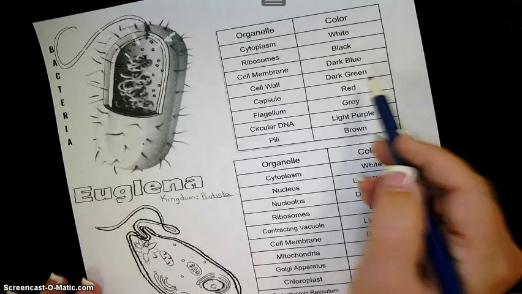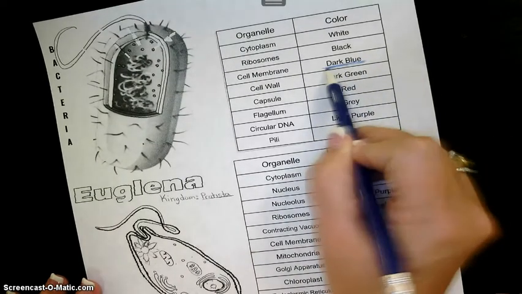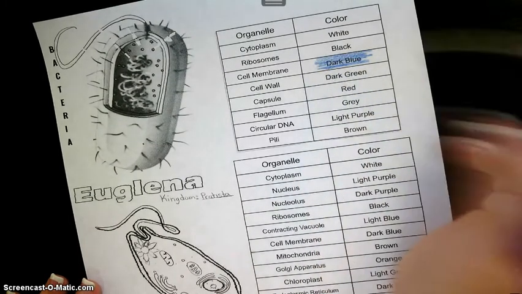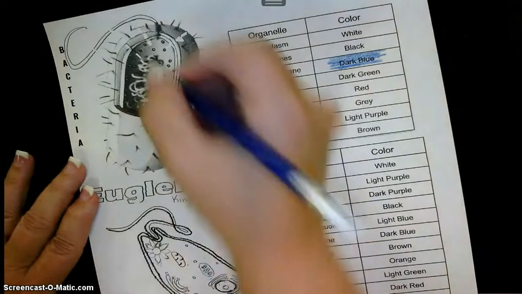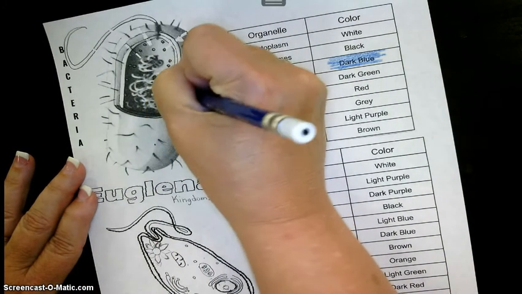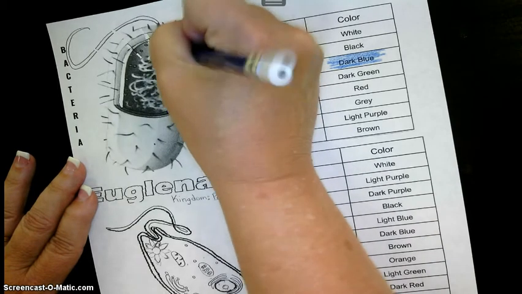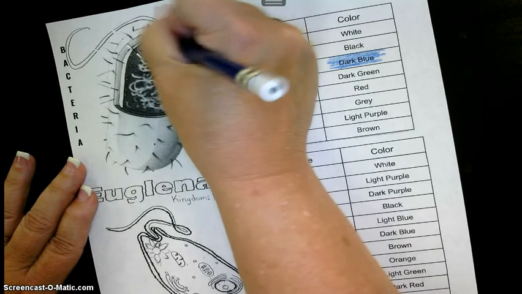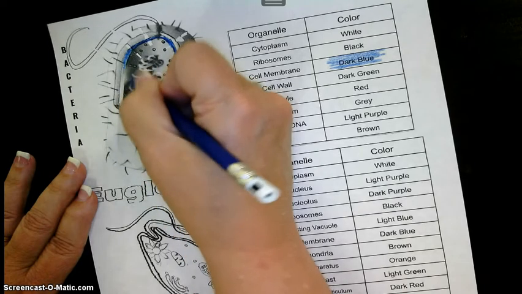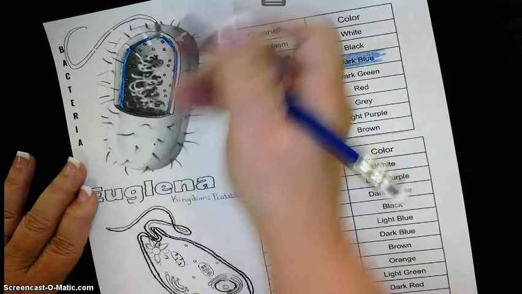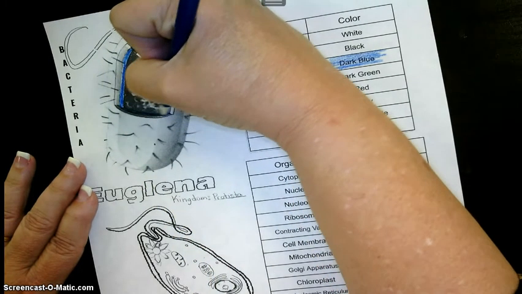The next one we're going to go to is cell membrane, and we're going to make our key over here dark blue. Cell membrane is the innermost layer of the outside of a bacteria. They actually have 3 layers. They have a cell membrane, they have a cell wall, and then they have a capsule around the outside of that.